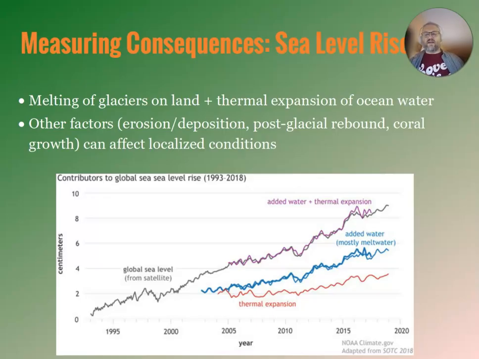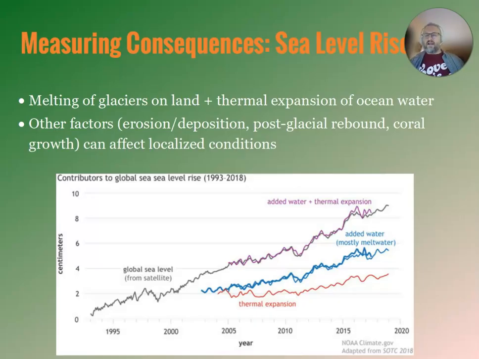The graph there goes from about 1993 to 2018 and shows an increase of about 8 or so centimeters in global sea level. We can measure that sea level increase, and it is due to two main factors, two main ways climate change is raising our global sea level.